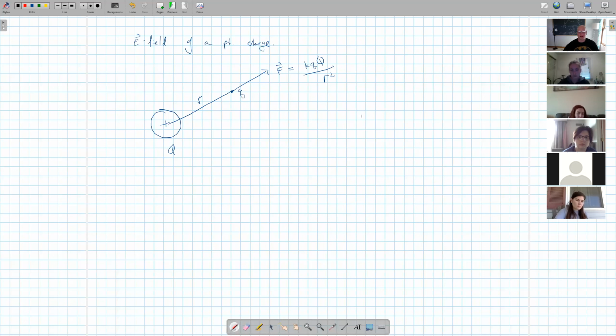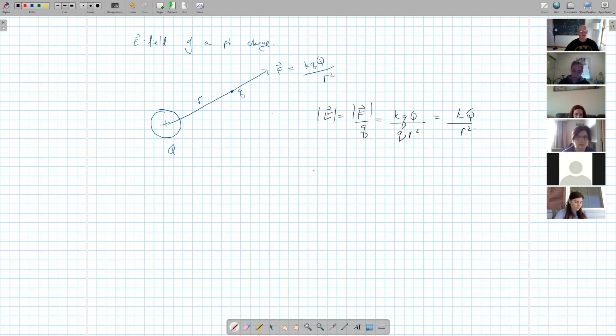Well, the electric field then is going to be equal to the force per unit charge, which is the test charge, which is then going to be equal to k times Q times q divided by q times r squared, which is then simply equal to k times Q divided by r squared.